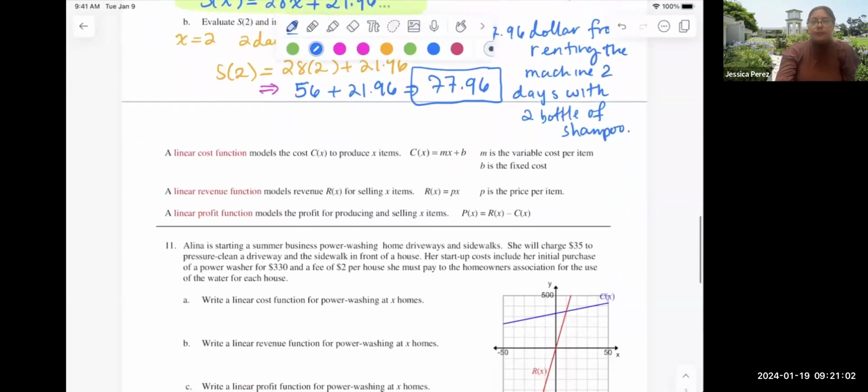All right. Moving on, a linear cost function models the cost and is represented by C of x equals mx plus b. This is the slope-intercept form.